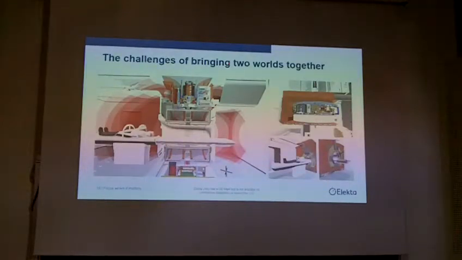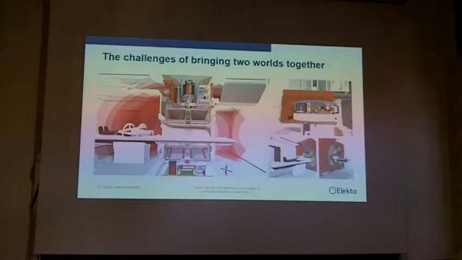So how did we manage to bring MRI together with the linear accelerator? What is the main problem? The radio frequency and the magnetic interference is the main problem between two systems. And here on the right side, you see the U shape.